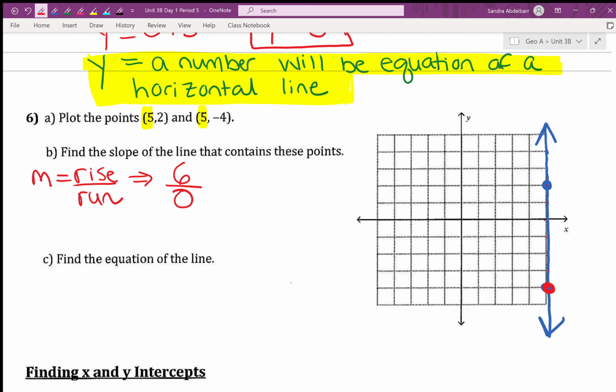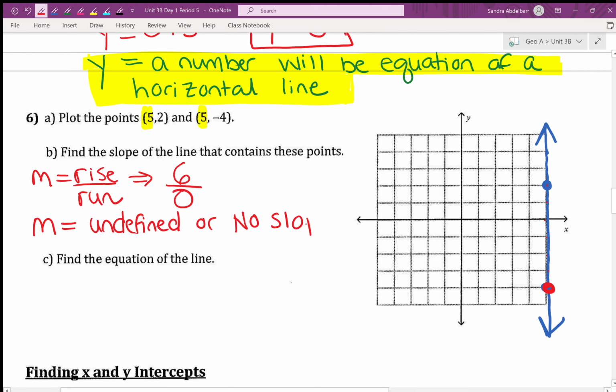So m is equal to an undefined slope, or no slope. As you learned in Algebra 1, 0 over a number is okay, but a number over 0? No way. You cannot do that.